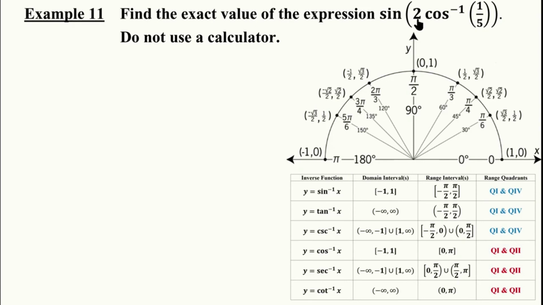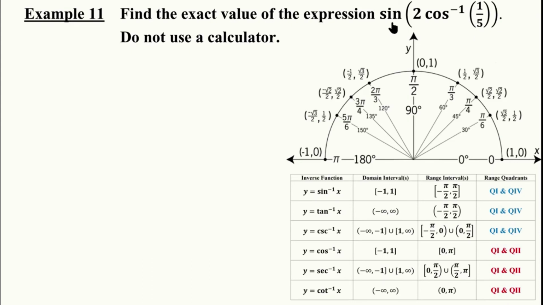All right, with this one, this 2 here makes a big difference. If it were just the inverse cosine of 1/5, it would be one thing, but here, because of the 2, we're going to have to actually calculate a double angle identity. So what we will do, we know that the inverse cosine of 1/5 is just some angle, right, between 0 and pi, whose cosine is 1/5, but notice here they want exact value, and we're not actually interested in the inverse cosine of 1/5.